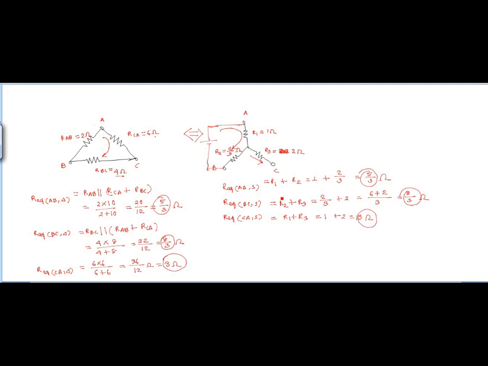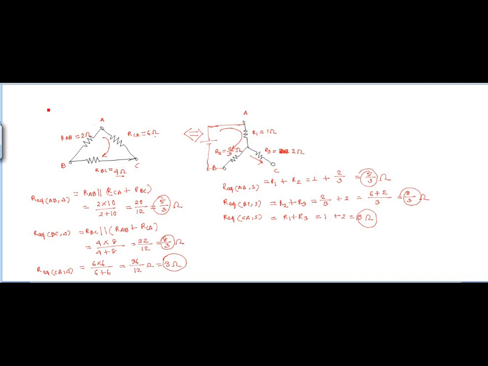Now the question is, how do we find the value of R1, R2 and R3 if RAB, RCA and RBC are given?